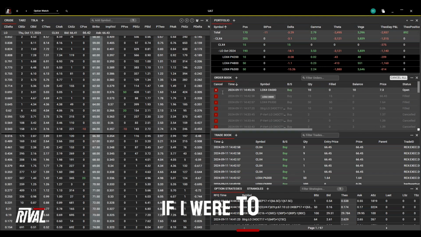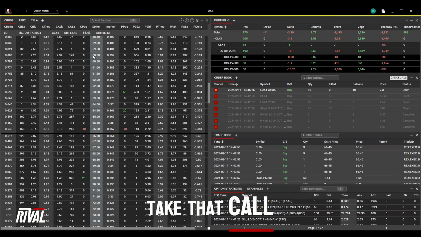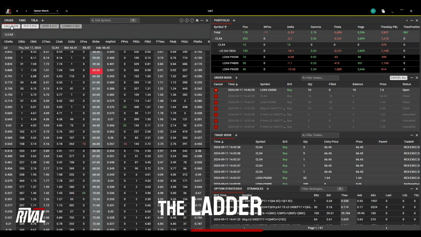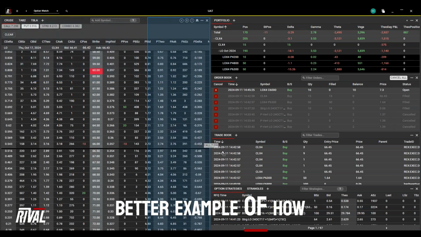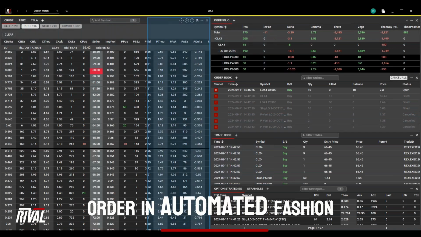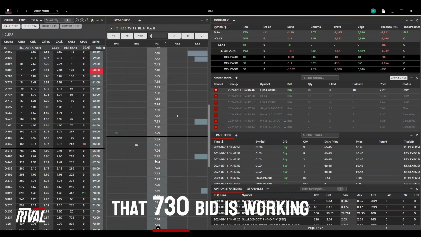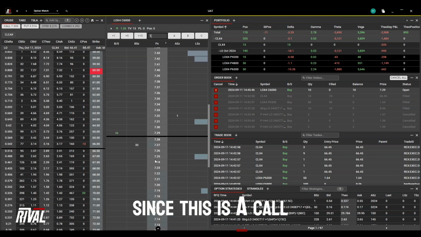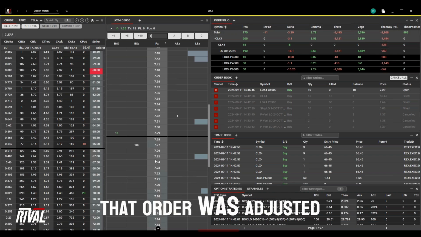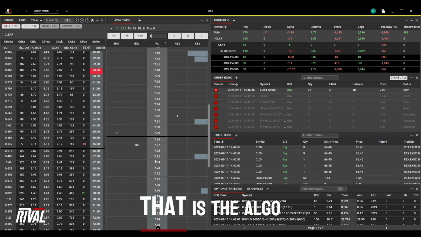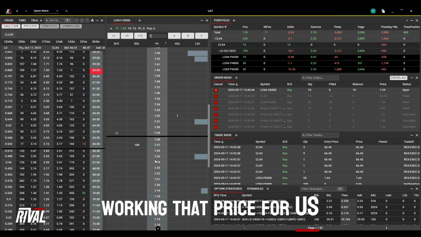If I were to take that call and stick it in the ladder, you get an even better example of how we are working this order in automated fashion. So we can see here that that 730 bid is working, and since it's a call, as the underlying breaks, that order was adjusted to 729. That is the algo working that price for us.